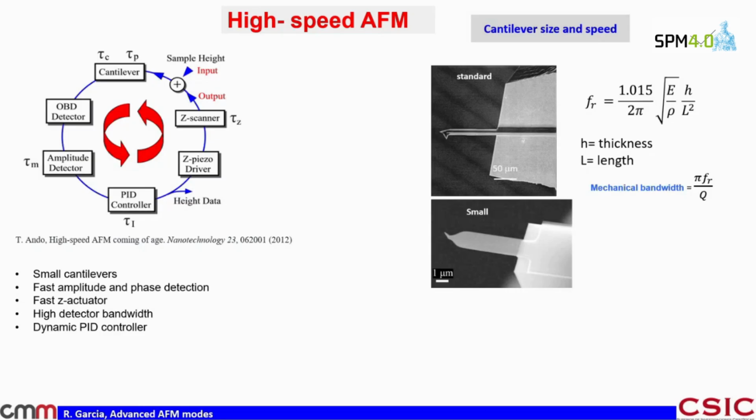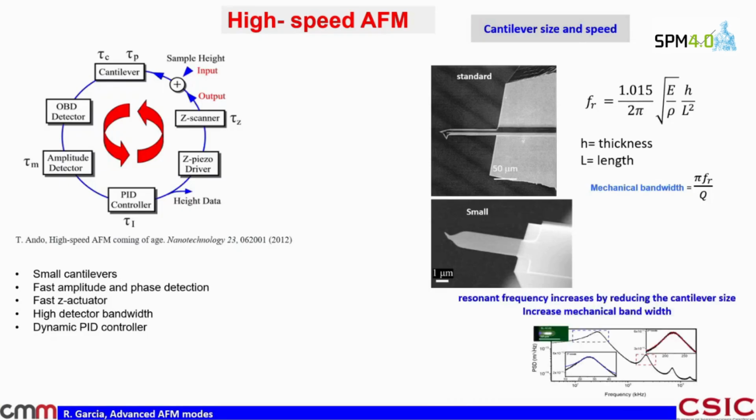But why do we need high frequency resonances for the cantilever to do high speed? So that's the question. Why? Well, there are several reasons. One reason is that the cantilever introduces a mechanical bandwidth, which is this quantity here.